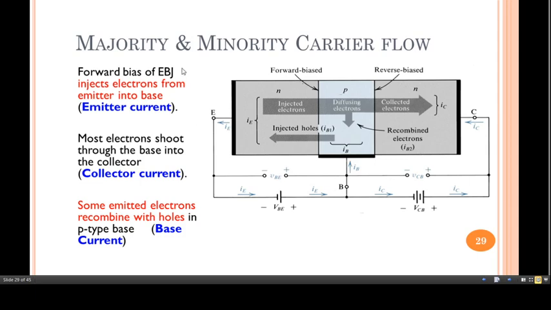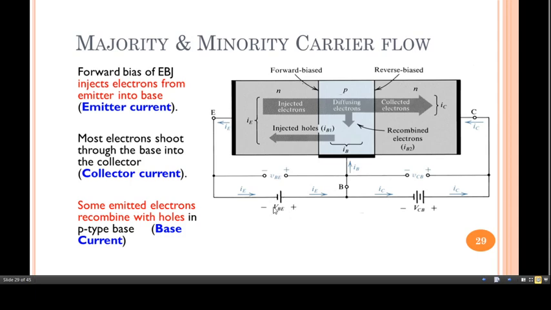Now we'll see the majority and minority carrier flow. So here in this diagram we can see 2 PN junctions. This is first junction and this is second junction. These two are made either forward biased or reverse biased based on the application of external voltage.